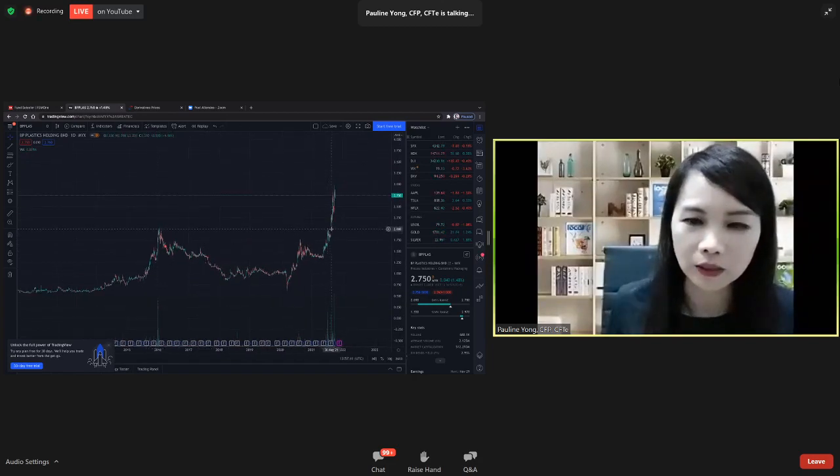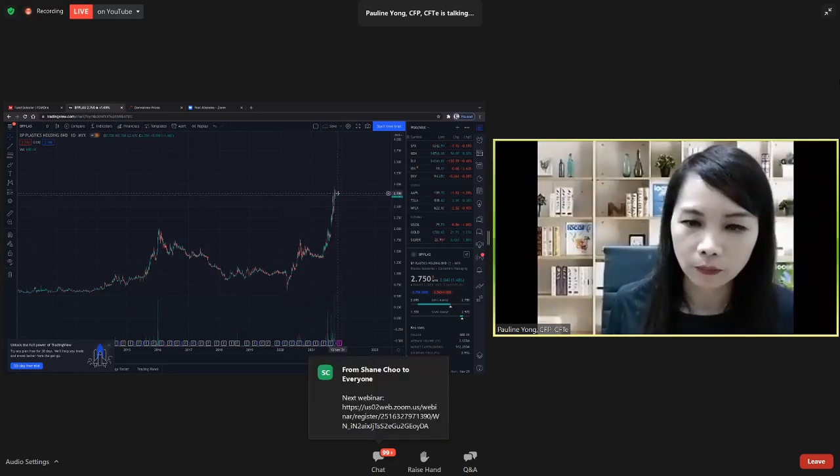So the minute you pass the historical high, there is a gap up over here. This gap up means that it is very bullish, and then the price keeps going on a very steep slope.